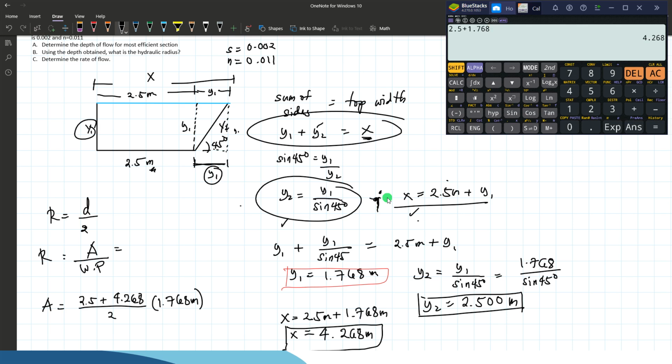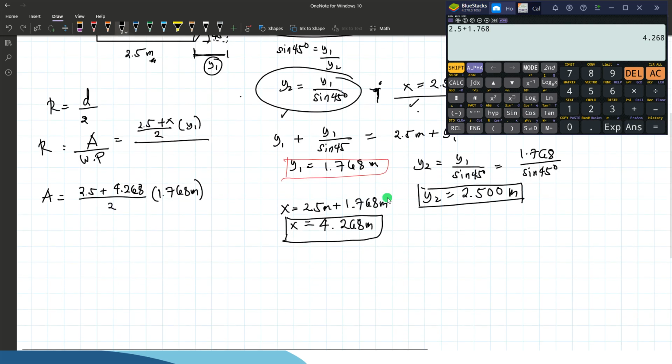Again, area is 2.5 plus x over 2 multiplied by y sub 1. So finding first the area, that's equal to 5.983 square meters.